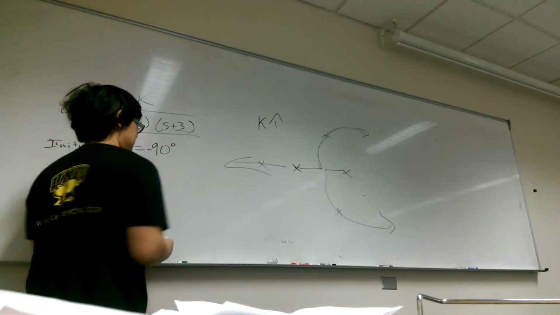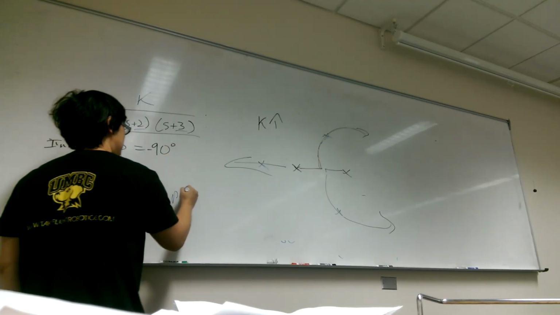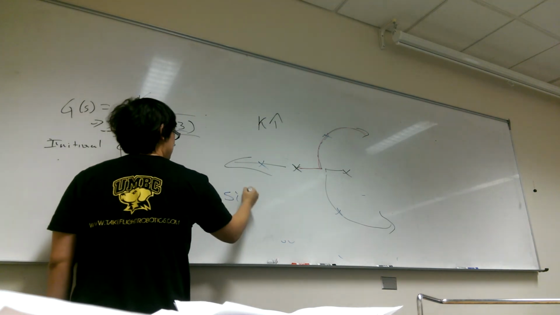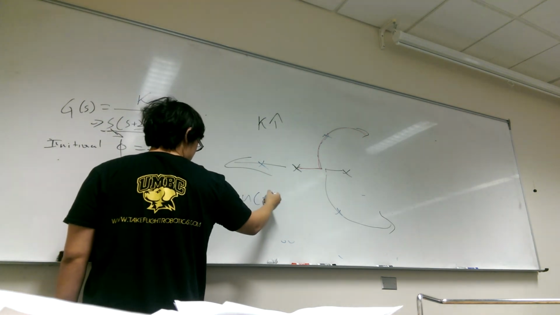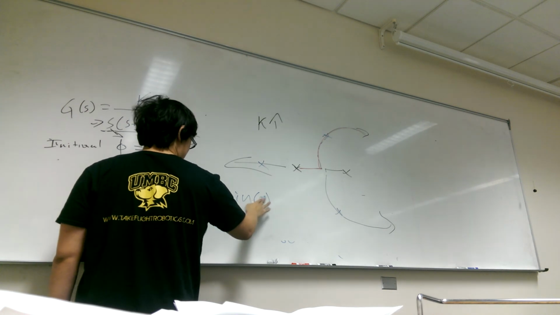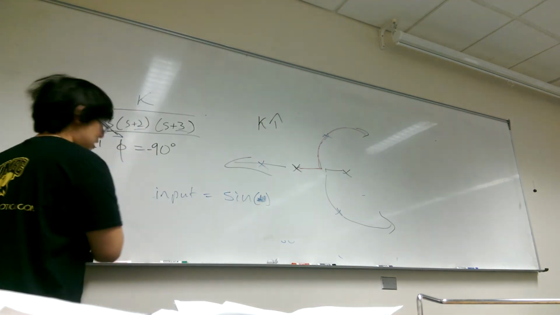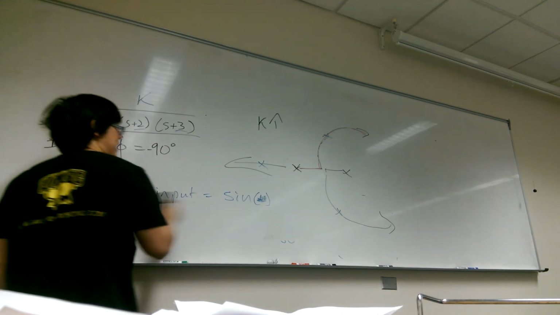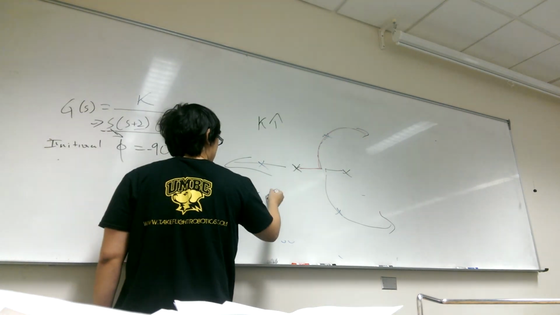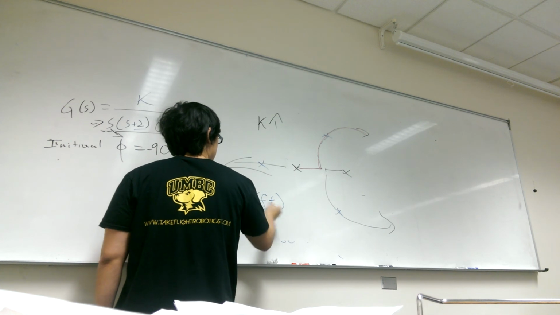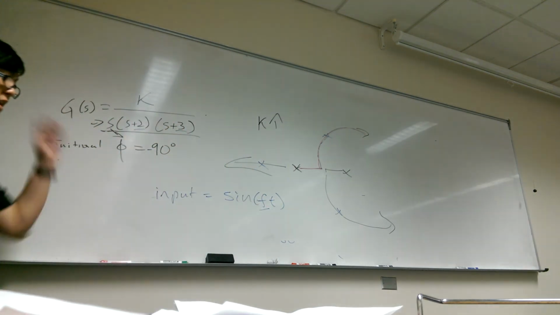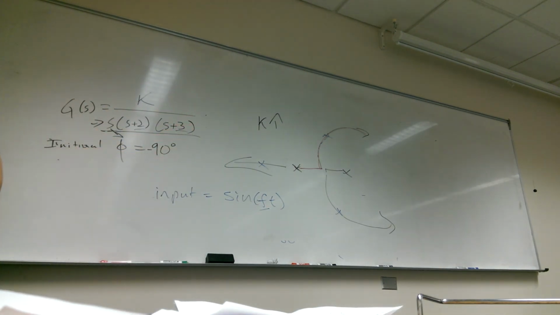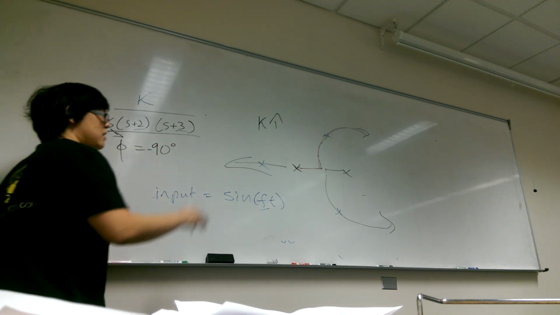So the input is something like sine of t. You have a sinusoidal input with a magnitude of 1, and you're sweeping it through a range of frequencies. You start at a really low frequency and then go really, really fast.